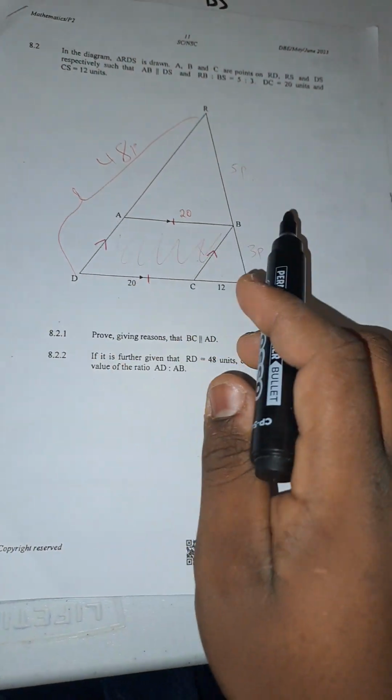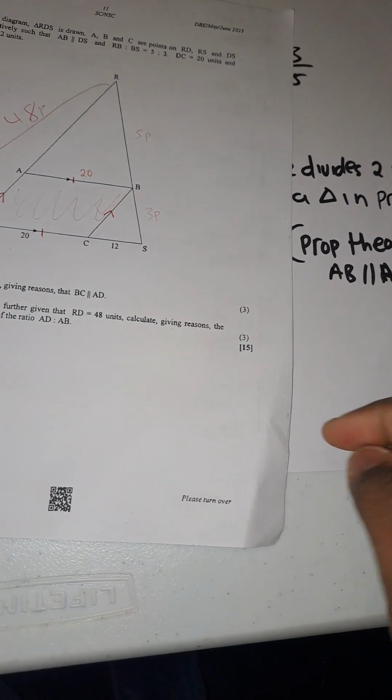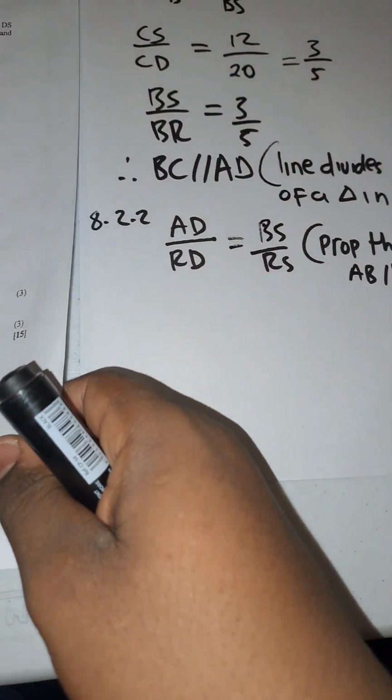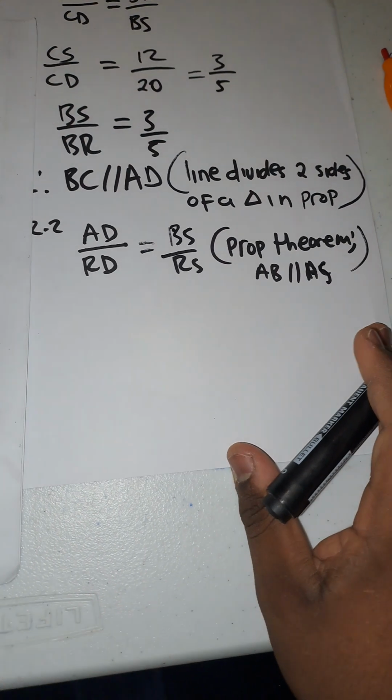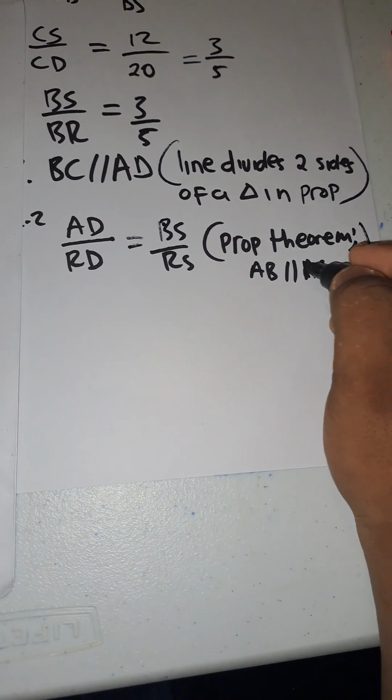Oh, AP, né? Because of AP, it has to be parallel to DS, not DC. DS. I made a mistake. DS. It is the proportionality theorem, because I involved the two sides of the triangle. So AP is parallel to DS.